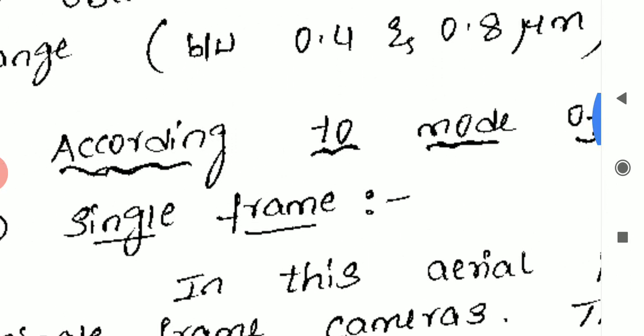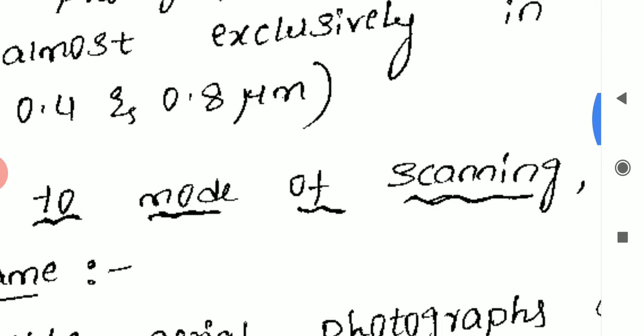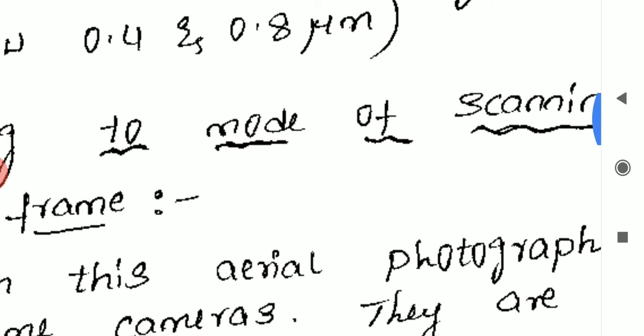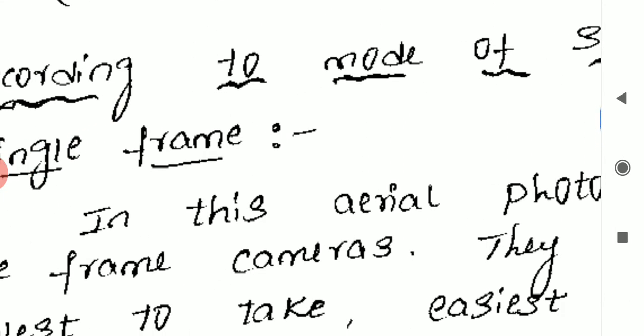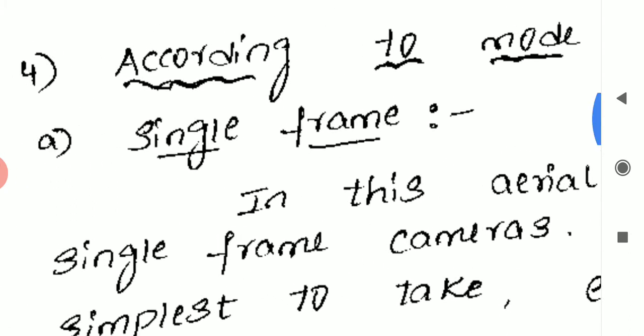Fourth type is according to the mode of scanning. In these cases first is single frame, second is panoramic, and third is continuous strip. What happens in single frame?